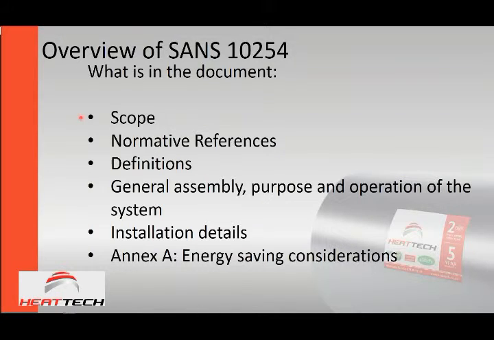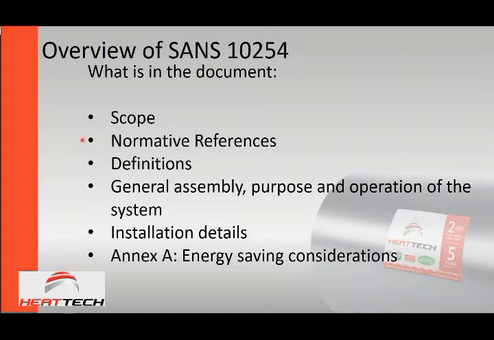It will define what products are covered by the standard. For instance, SANS 151, if I remember correctly, specifies that it's only for geysers up to 450 liter. I've seen people come along with a tank of 600 liter, and in that case it doesn't fall within the scope of the standard; it doesn't apply to that product.